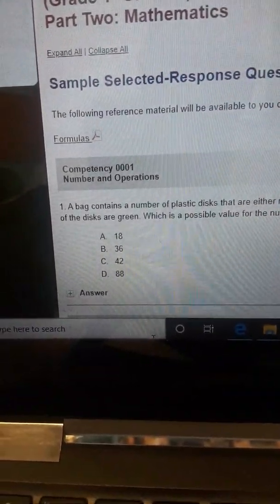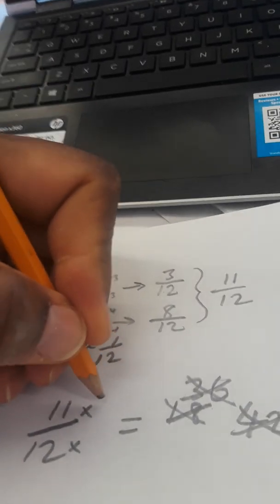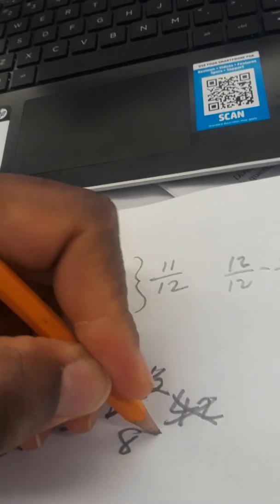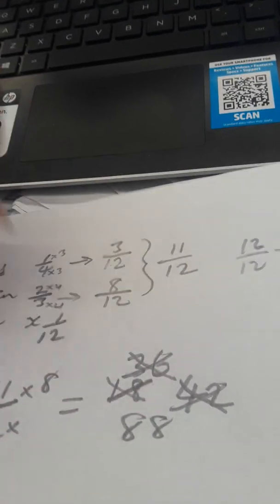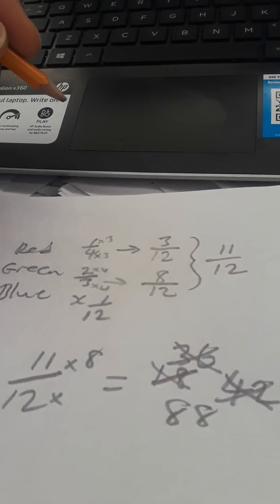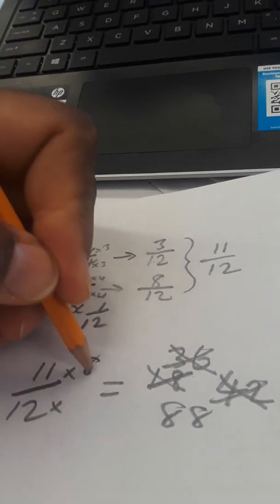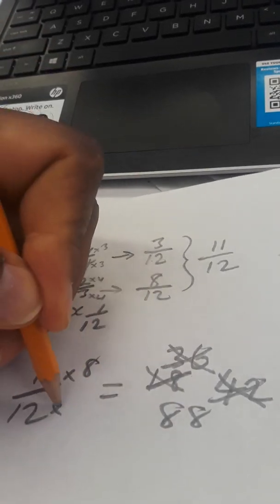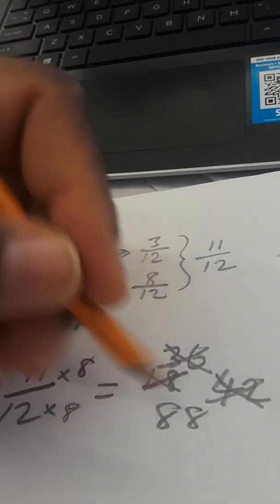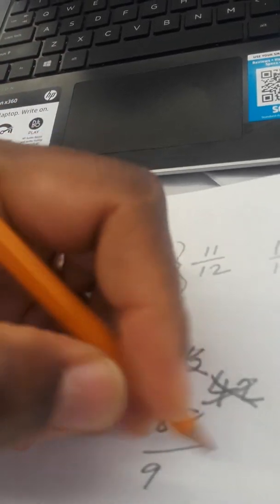So I know my answer is 88, but we can look at it. 11 times what is going to give you 88? Well, 11 times 8 is going to give me 88, and 12 times 8 is going to give me 96. So I already know my answer is 88, so 88 over 96.